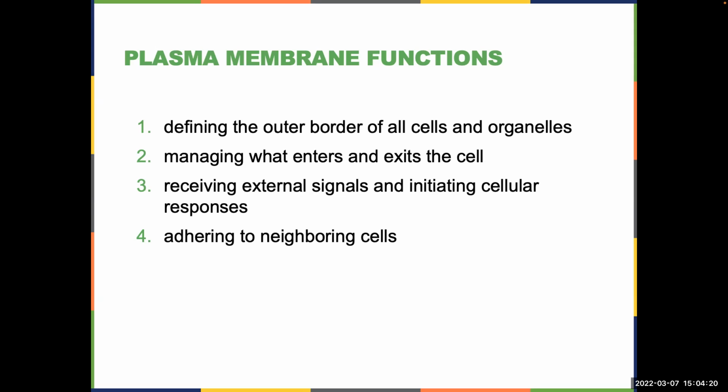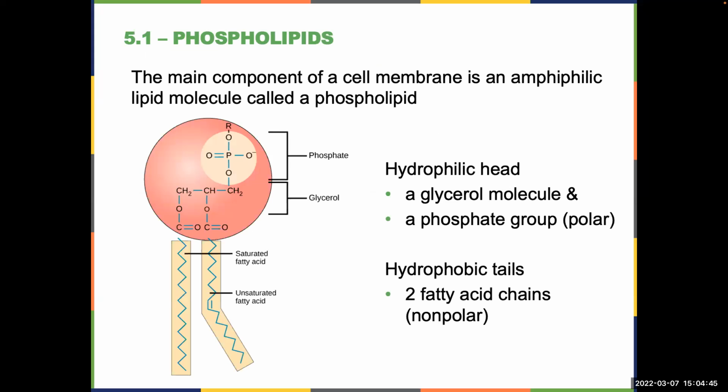So the plasma membrane helps determine what's able to enter or exit the cell or the organelle. It also receives external signals and can initiate internal or cellular responses. It also can serve as a way for cells to adhere to one another and form tissues.